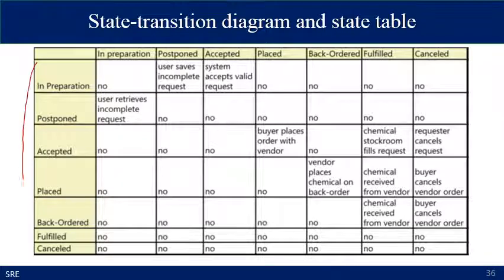As you can see, requirement states are listed in the first column and first row to check the transitions against each state. So in the preparation state, a user can move to two other states. Similarly, if you are in the postpone state, you can only start the preparation of the document.